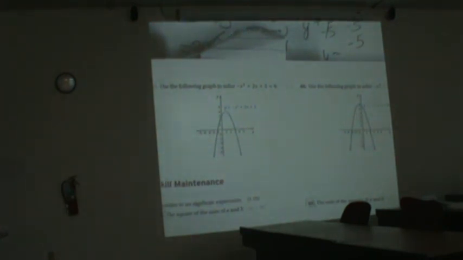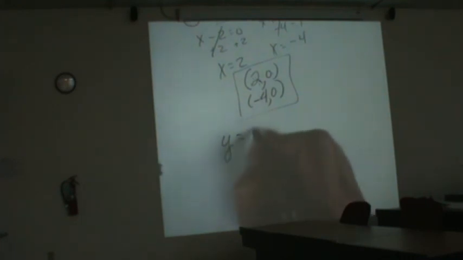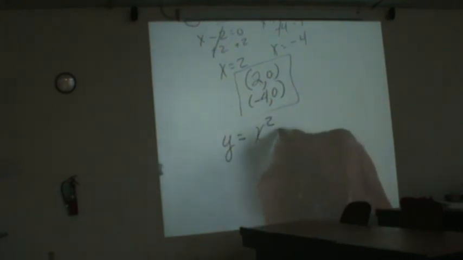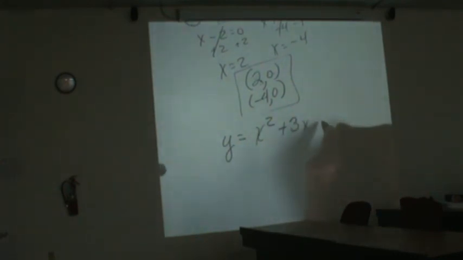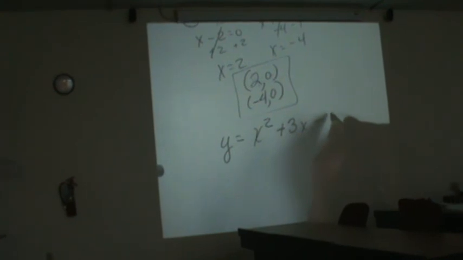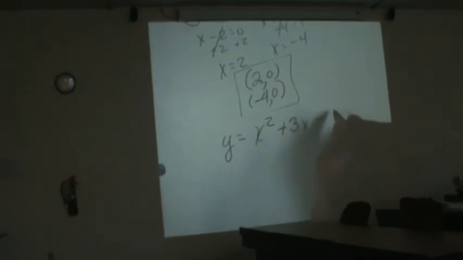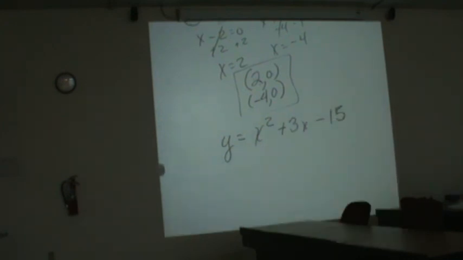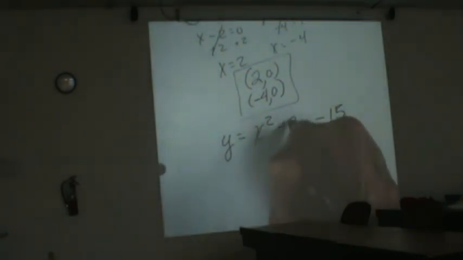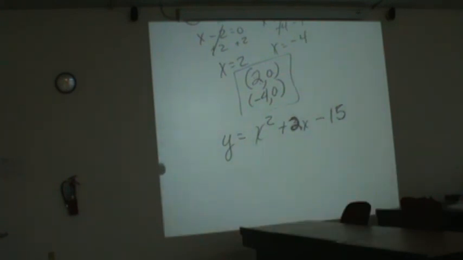So let's just do a different problem that's kind of like that, where let's say it was a graph of y equals x squared plus 3x minus 15. I better turn that to 2. I'm just making it up, so I had to think fast.